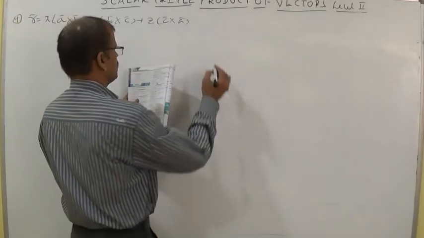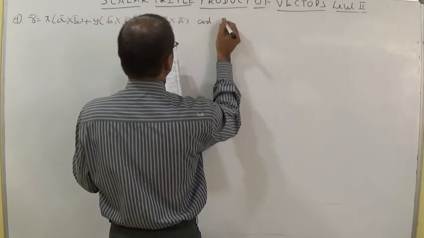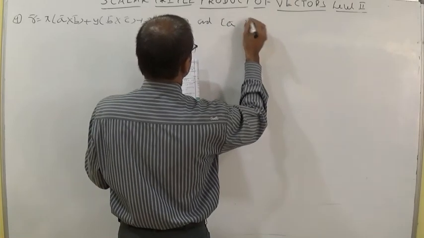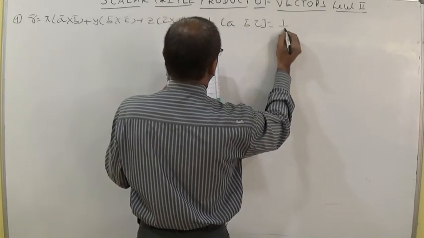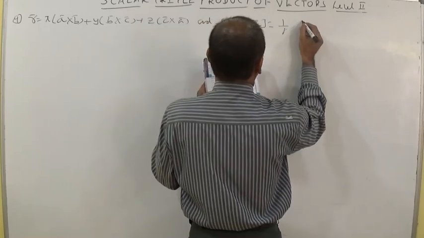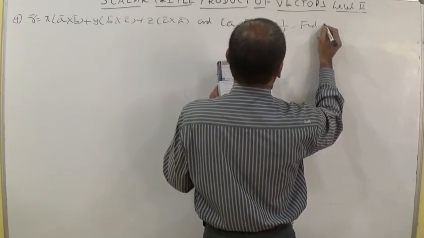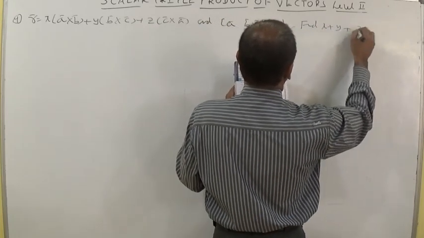And the box ABC value is given as 1 by 8. We should calculate and find X plus Y plus Z.